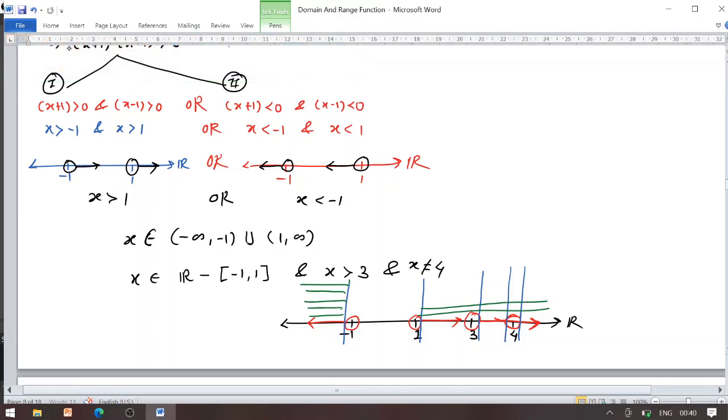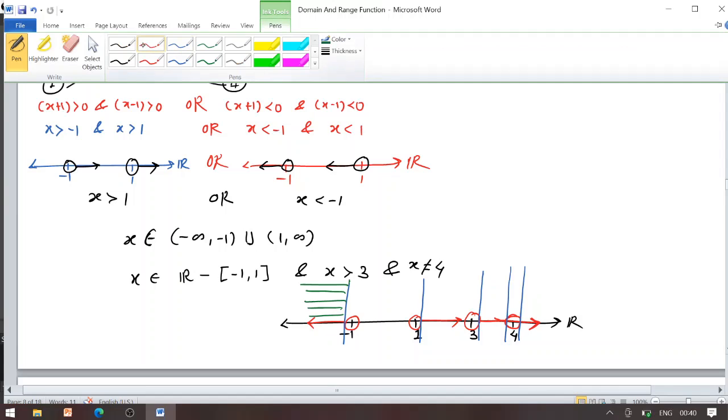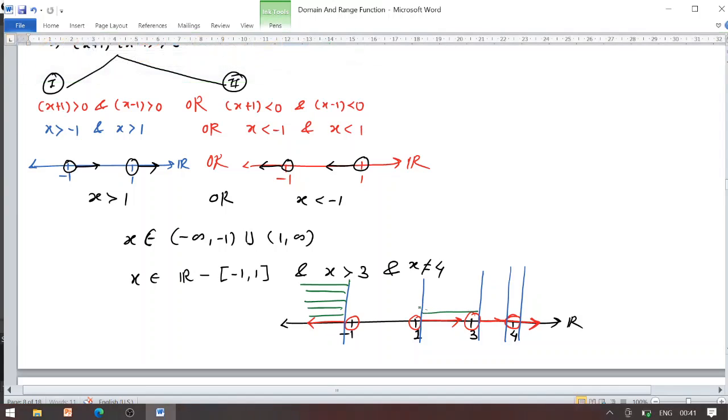So there is no need to write the lines over 4. So we have all those elements excluding 4 actually. So this shaded region implies the intersecting part.